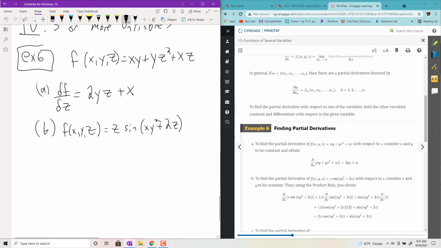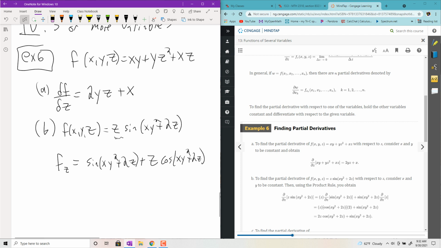All right, so this time the partial with respect to z, let's write f_z equals, I'm going to have to do a product rule and then a chain rule. So first taking the derivative of z, I just get sine of xy squared plus 2z. Then leave z alone. The derivative of sine is cosine of xy squared plus 2z.